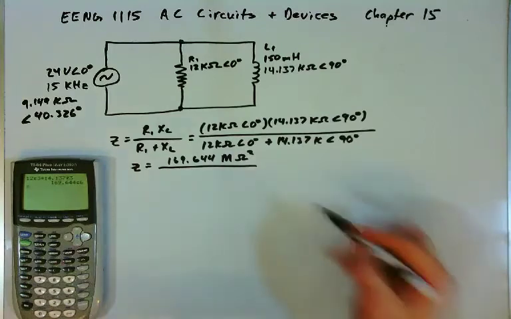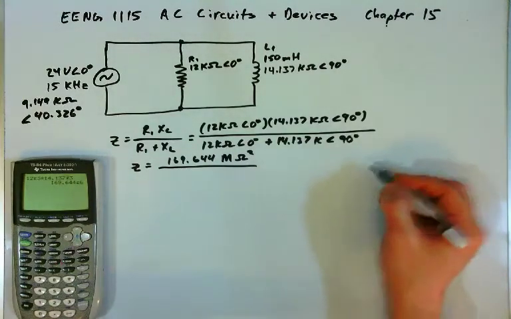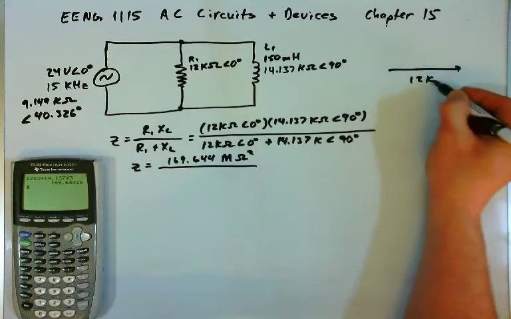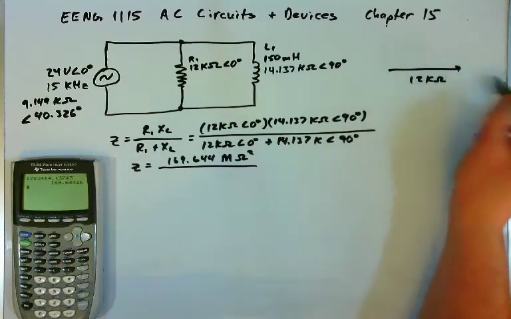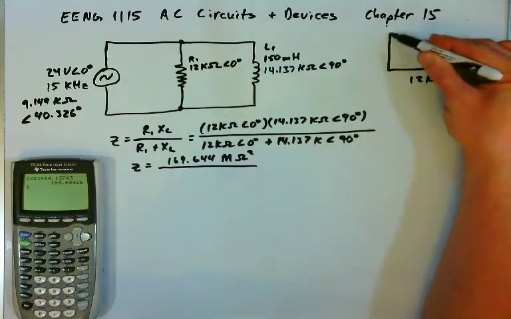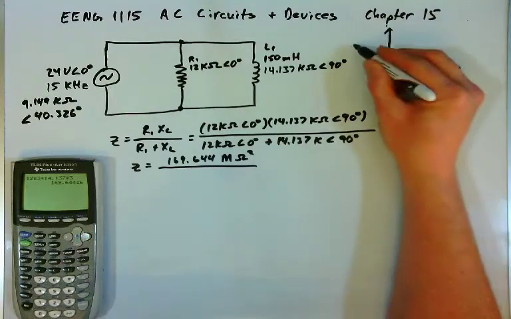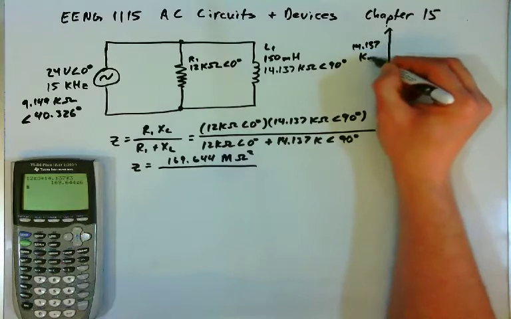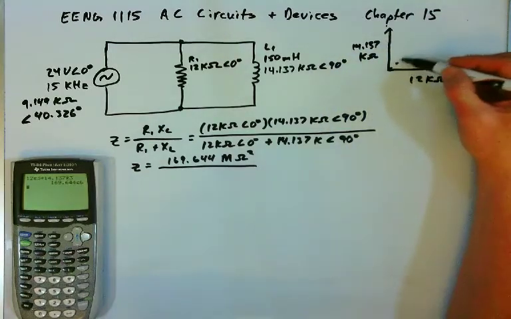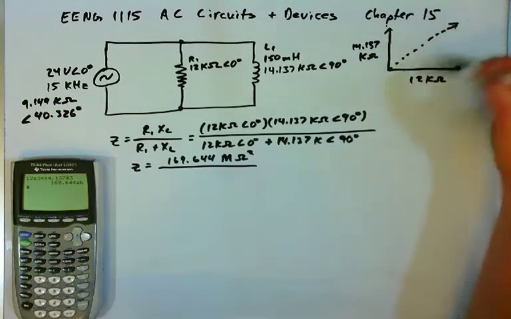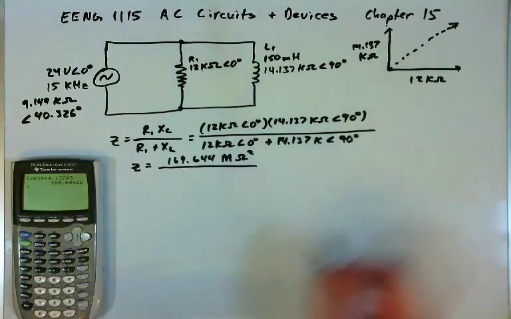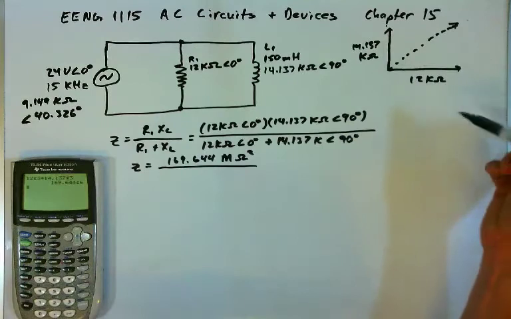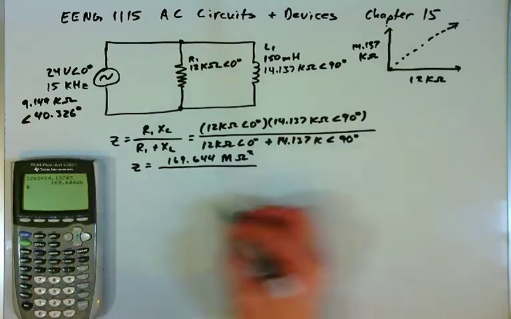Then we need to find the sum, and again, if you look at this graphically, we have 12 kilo ohms at 0 degrees, and we have 14.137 kilo ohms at 90 degrees, and we're looking for the vector sum, which would be the hypotenuse of the triangle that's formed. And so we can find the magnitude by applying the Pythagorean theorem.